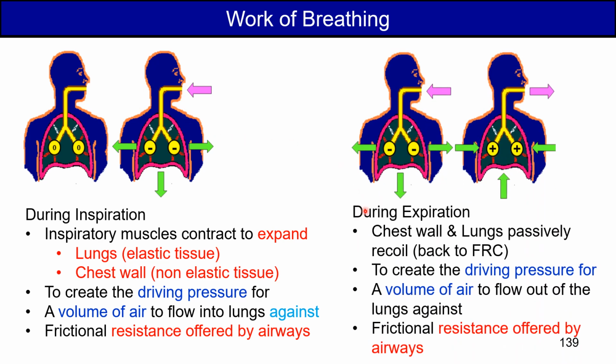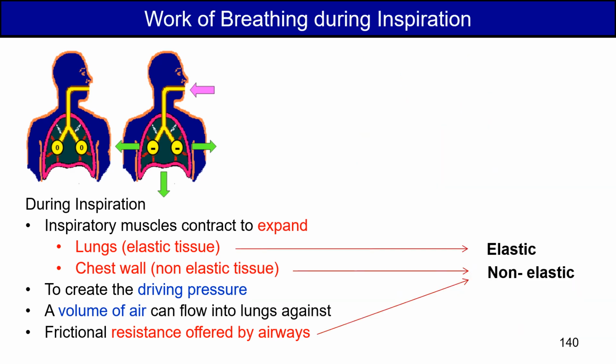During expiration, on the other hand, the chest wall and the lungs passively recoil back to FRC, and this creates the necessary driving force for air to move out of the lungs against the frictional resistance offered by the airway. So the work of breathing during inspiration can be divided into elastic work of breathing, which is the work done to expand the lungs, and the non-elastic work, which is composed of two components: to expand the chest wall and likewise to counteract the frictional resistance offered by the airways.